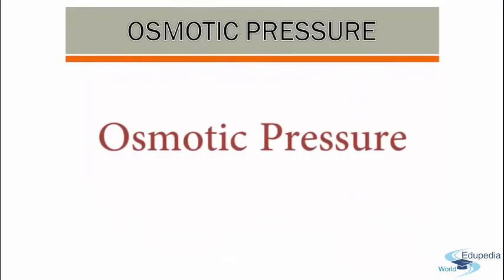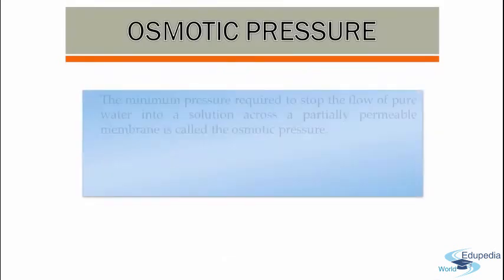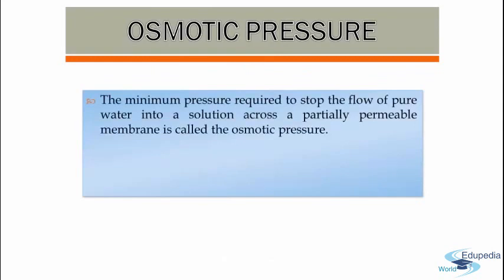Now we will discuss osmotic pressure. The minimum pressure required to stop the flow of pure water into a solution across a partially permeable membrane is called the osmotic pressure.